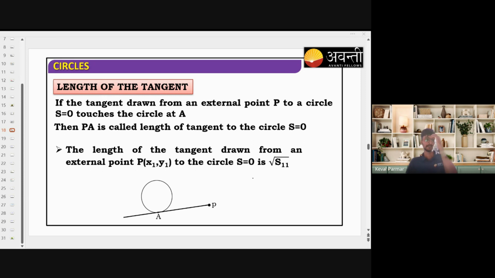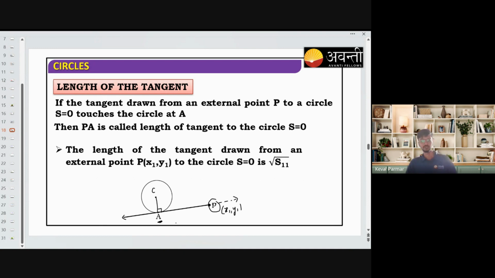Let's say this is the circle with center C, and this is the tangent. In this tangent, there is a point P whose coordinates, let's say, are x1, y1. And the point A is the foot of perpendicular.